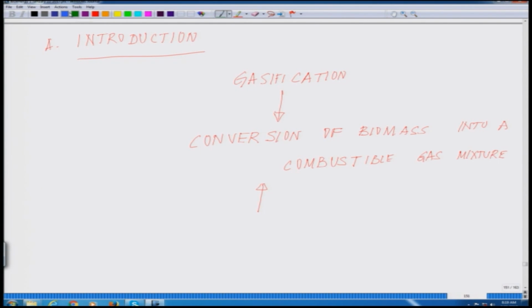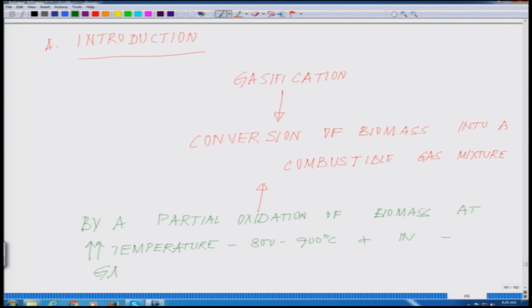The process which is followed is a partial oxidation of biomass at very high temperature, which is around 800 to 900 degrees centigrade, approximately 800 to 900 degrees centigrade, and in a gasification medium.